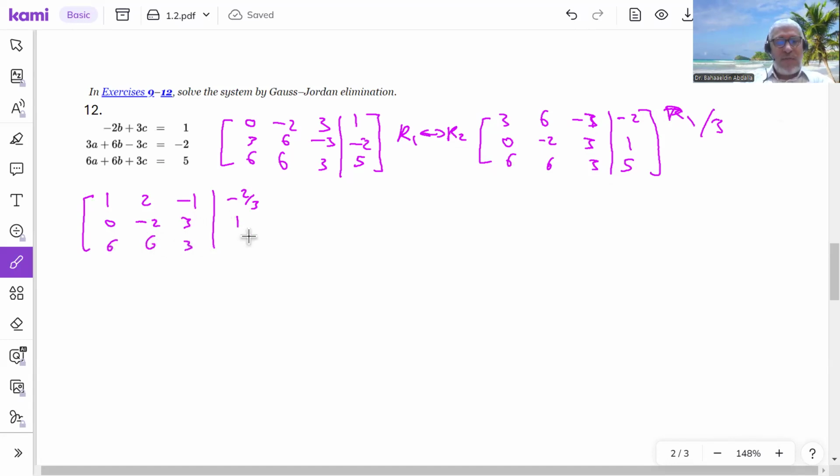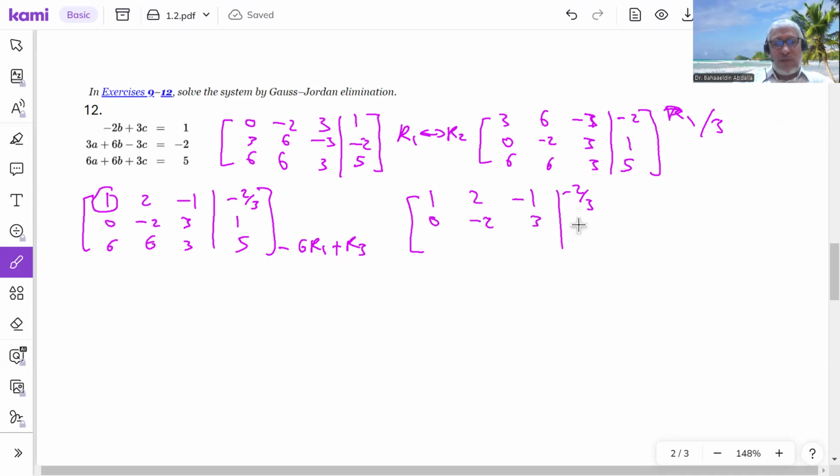And now I made this number 1. I have a leading 1 now. I use it to make the numbers below it zeros. This is 0. So make 6 into 0. How? Negative 6 row 1 plus row 3. First row as it is, 1, 2, -1, negative 2 over 3.